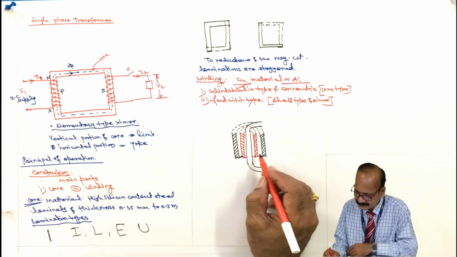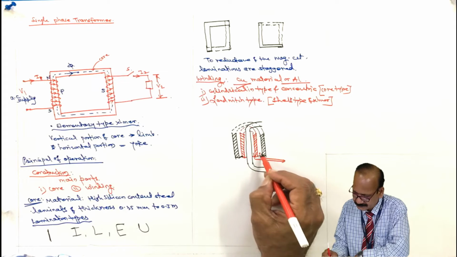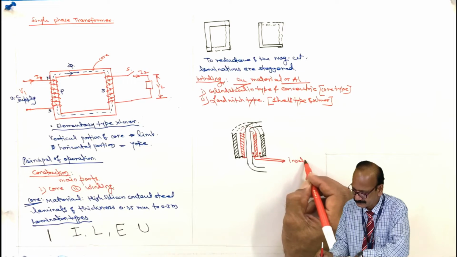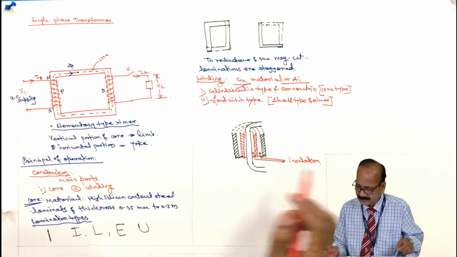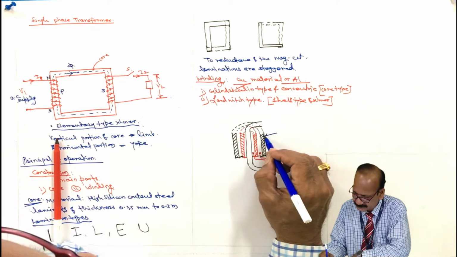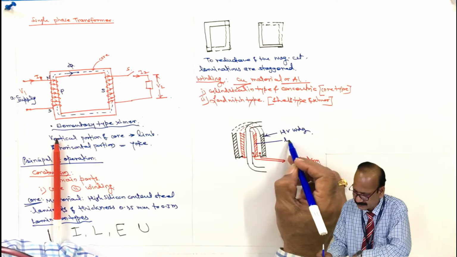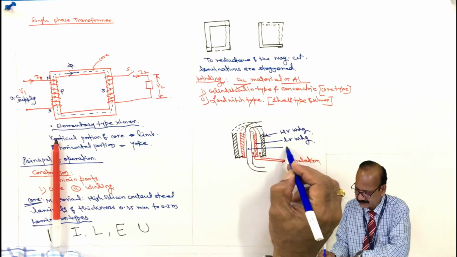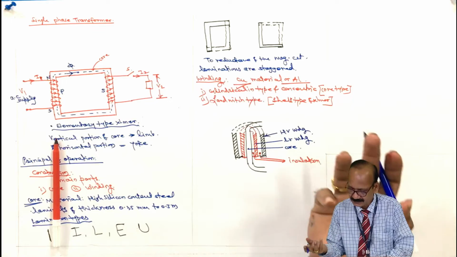See, this portion, this and this on both the sides, is insulation. This is insulation used. And this one is the high voltage winding. This is the low voltage winding. And this one is the core. And the core is made up of high grade silicon content steel.